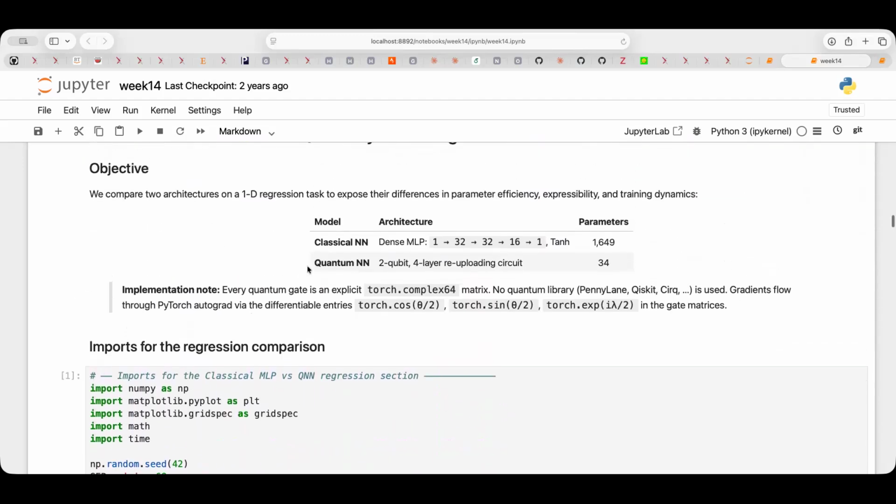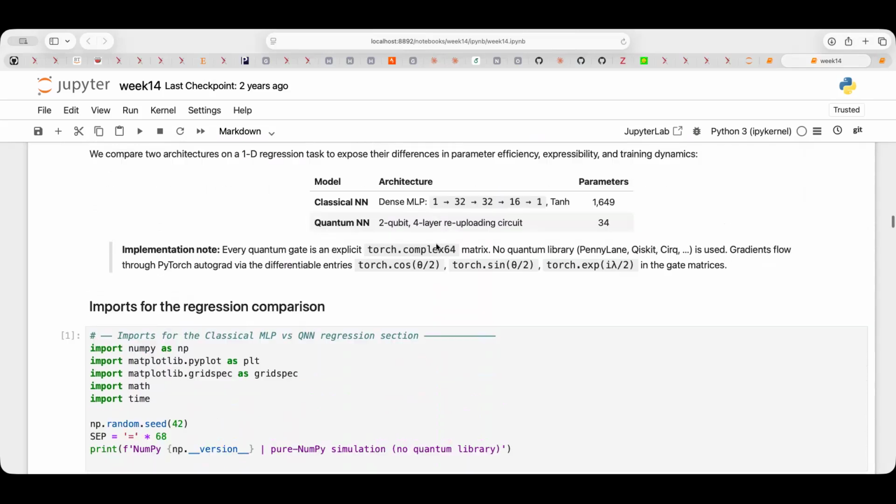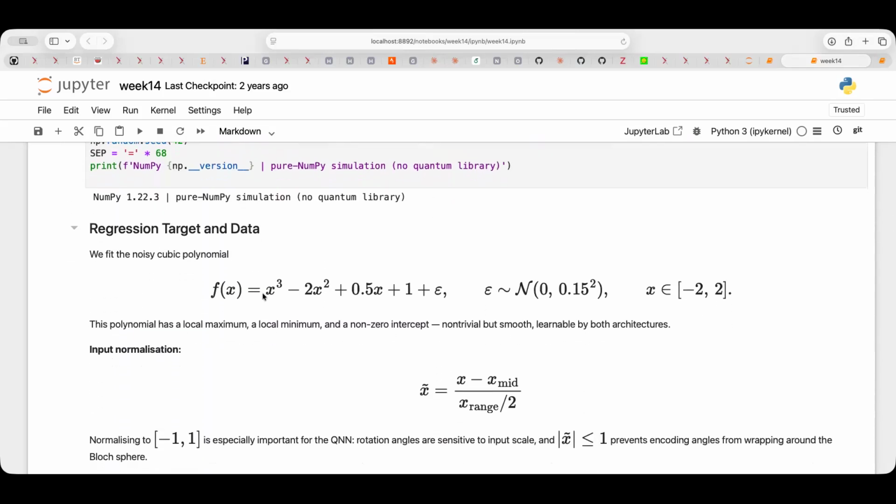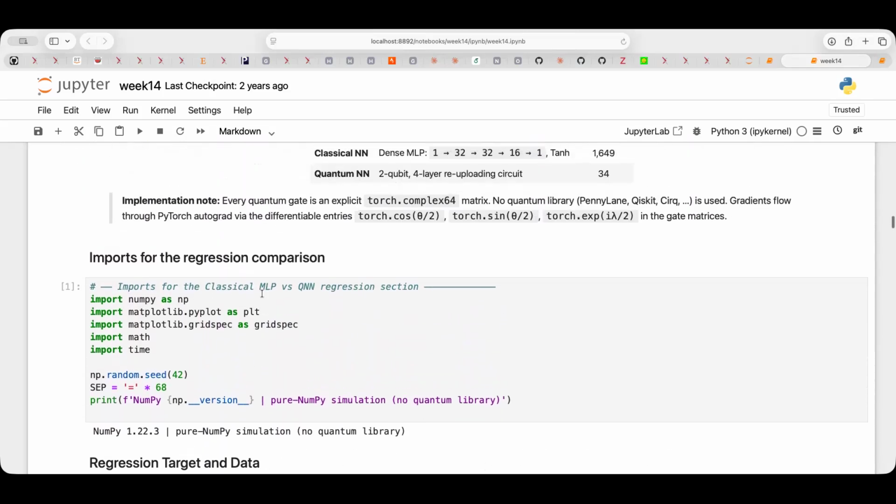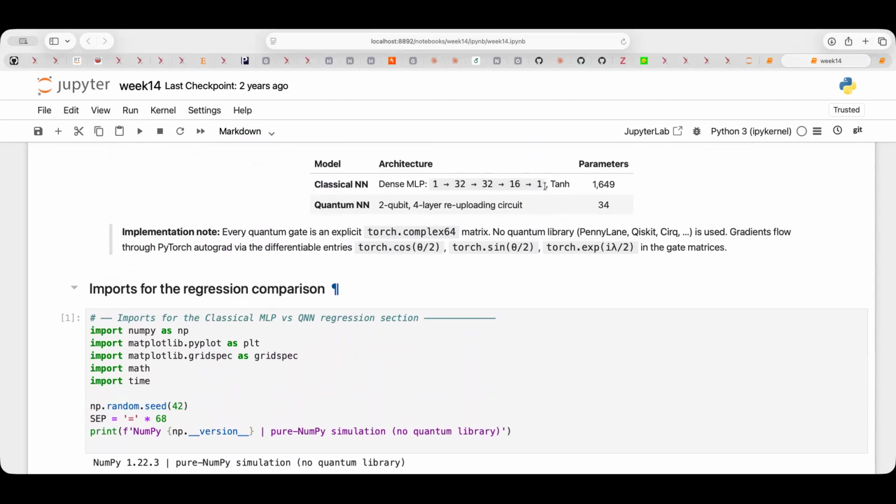And we are going to make a classical neural network where we have the input. So there's one input, the x value, and there is obviously one output. And we set up a neural network which has 3 hidden layers, 32 nodes, and 16 nodes in the final hidden layer, and this is the output layer.